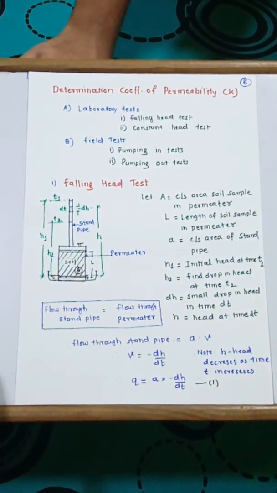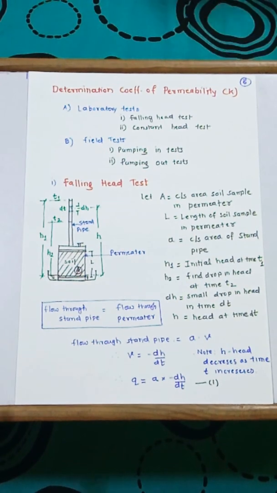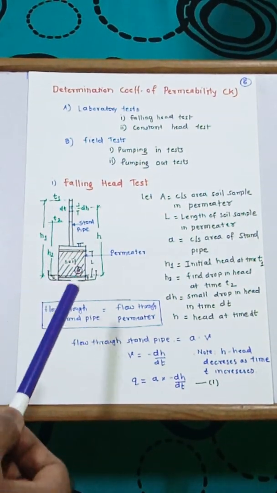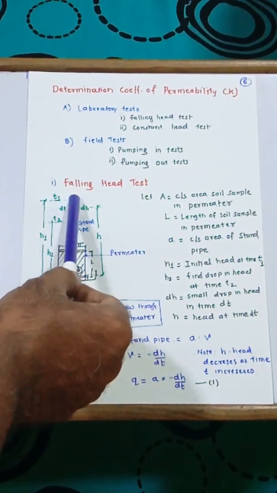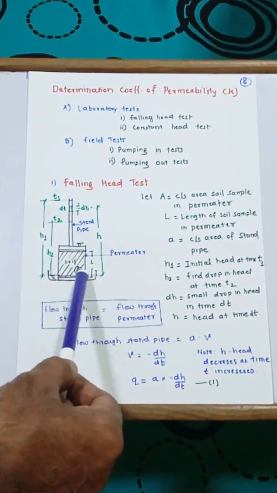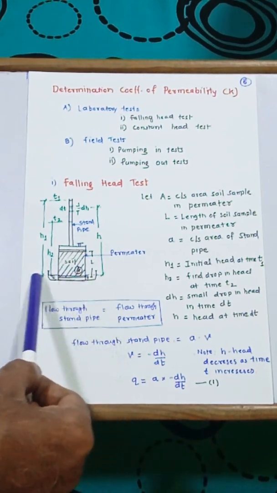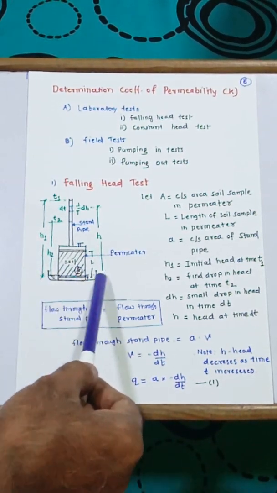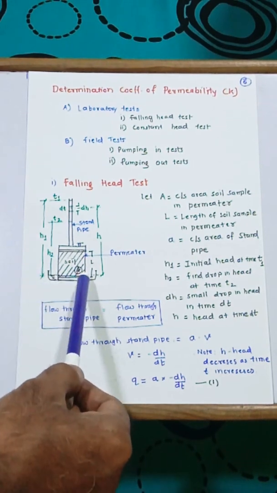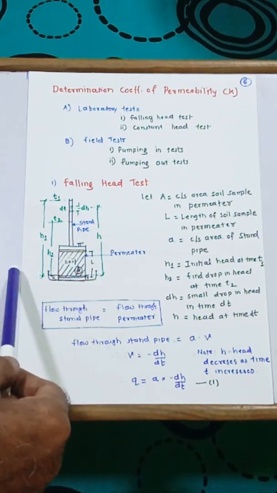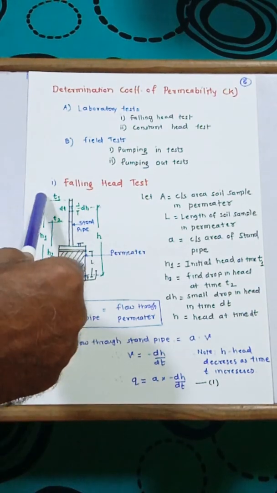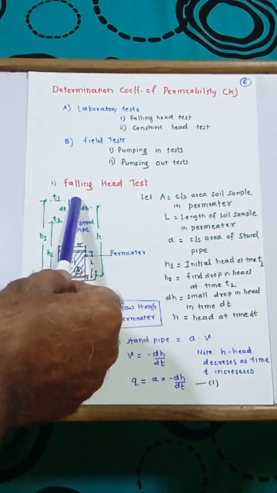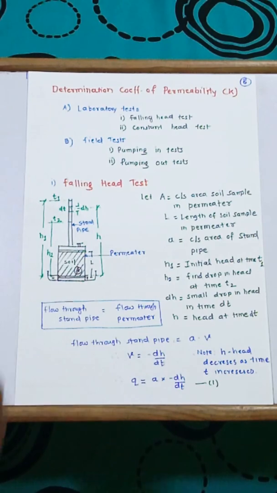Diameter may vary from 10 to even 20. Initially, suppose I fill this tube to a height of h1, measured from the outlet, where one constant datum is taken in practice in a laboratory. So we take a height h1 initially, and we start a stopwatch. Let the time be t1.